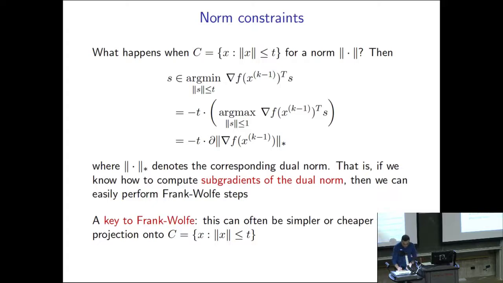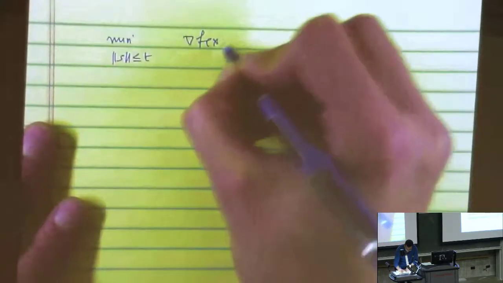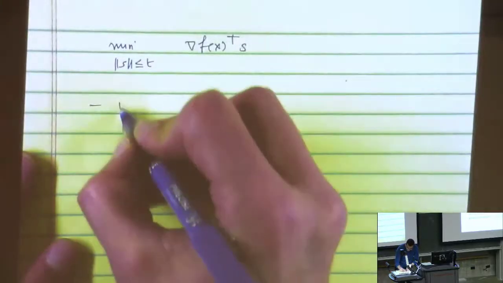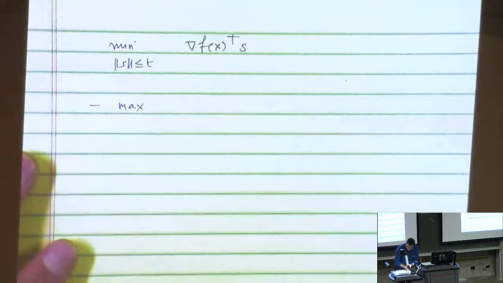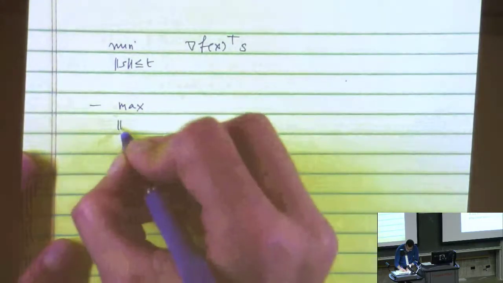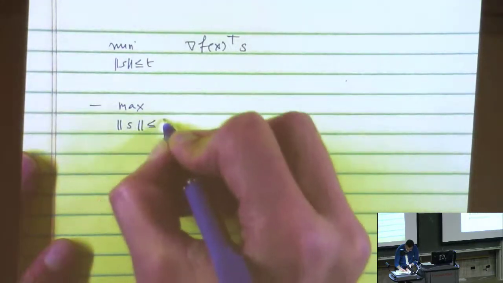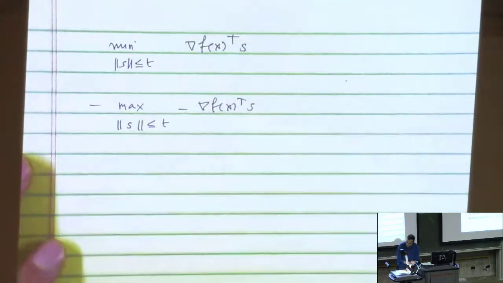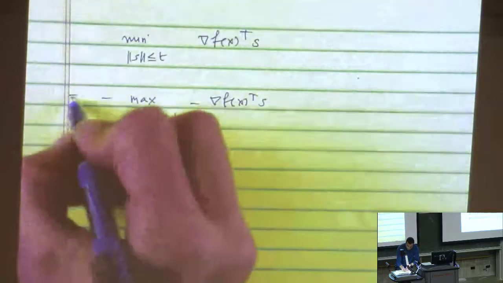Okay, and what I want to convince you is that if I minimize this, it's the same thing as the negative max of negative gradient of f(x) transpose s, right? Those are the same thing.